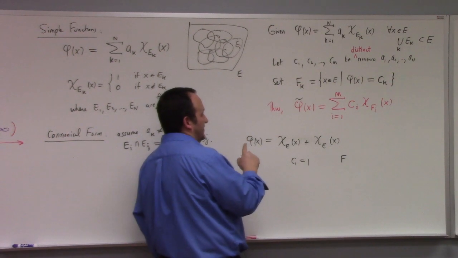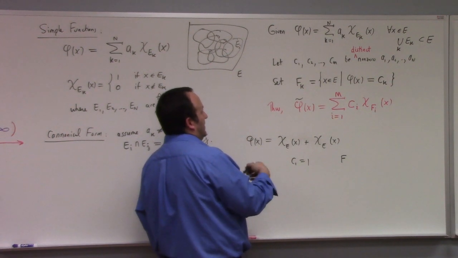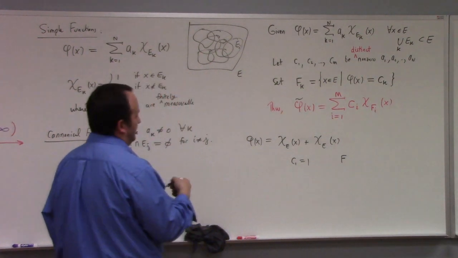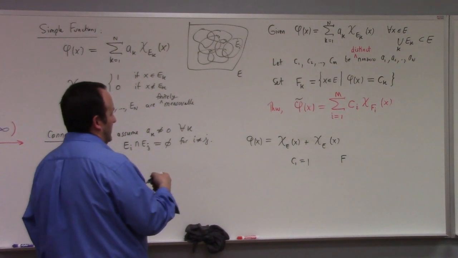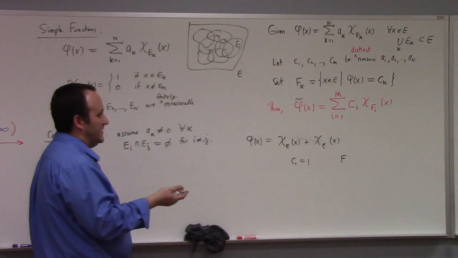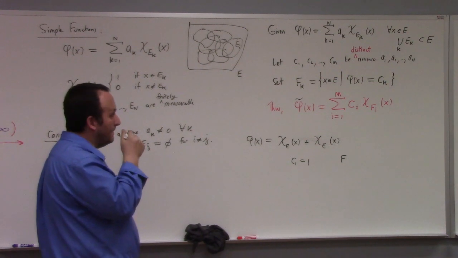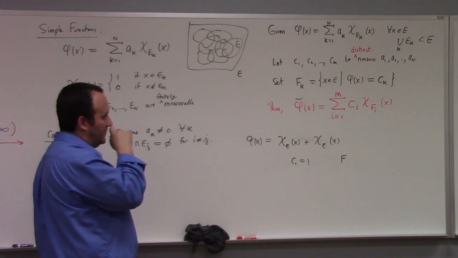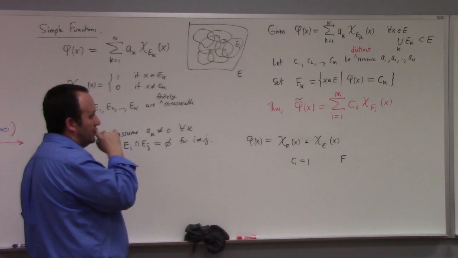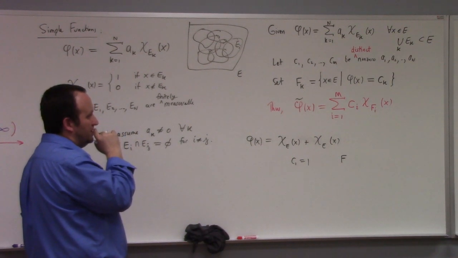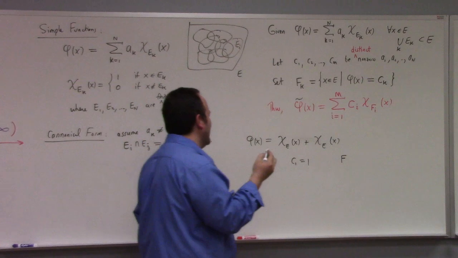The only values which, yeah, C1s have to be 1. But there is no different C2 now, right? There's just C1. But F1 is empty, that's what I'm about to say.